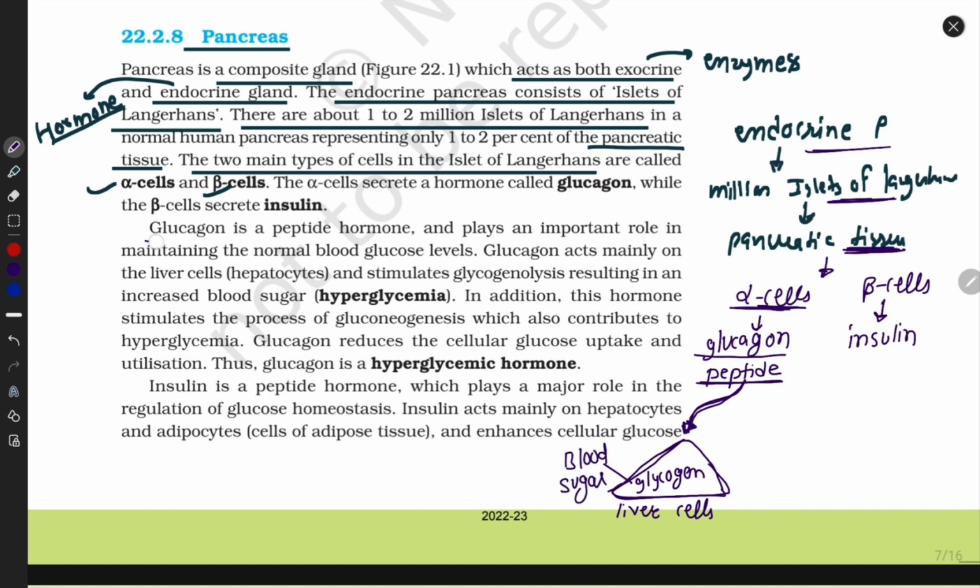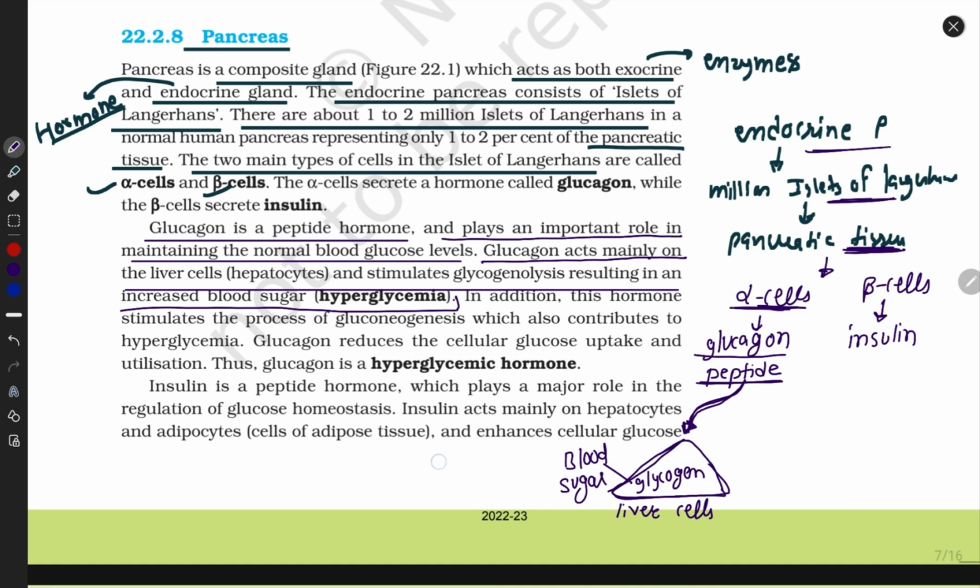I repeat, glucagon is a peptide hormone, correct, and plays an important role in maintaining the normal blood glucose level. Glucagon acts mainly on liver cells and stimulates glycogenolysis, resulting in increased blood sugar. This is a term called hyperglycemia. It means sugar increases in blood.